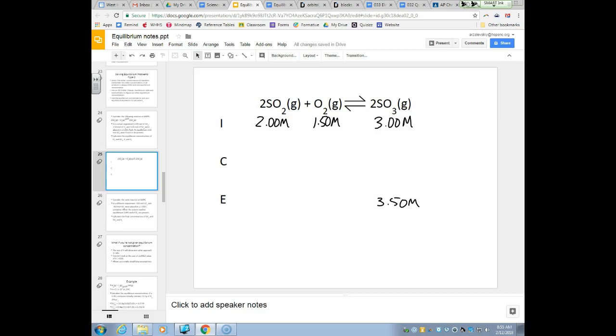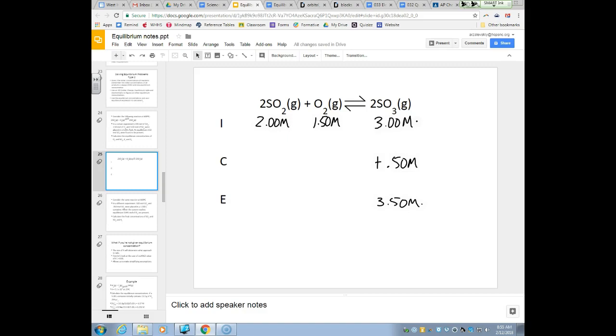Okay, given this information, what we can do is figure out the change from our initial concentration of SO3 to our equilibrium concentration of SO3. And so it gained 0.50. So whatever you're given the equilibrium concentration of, you are going to try and figure out the change.